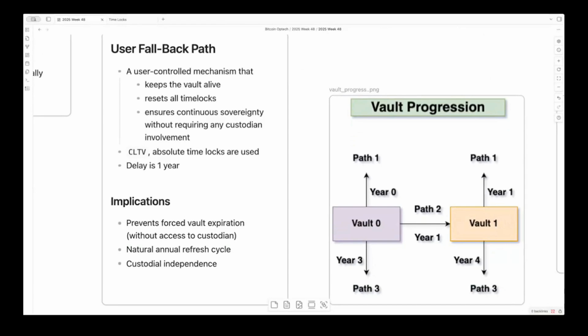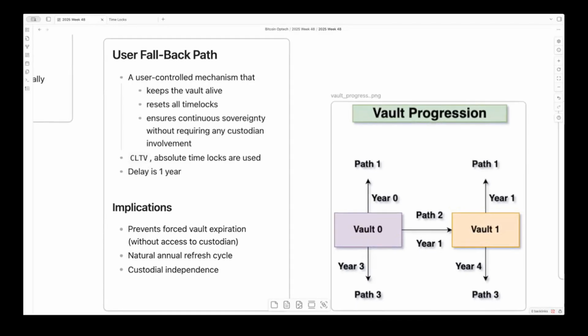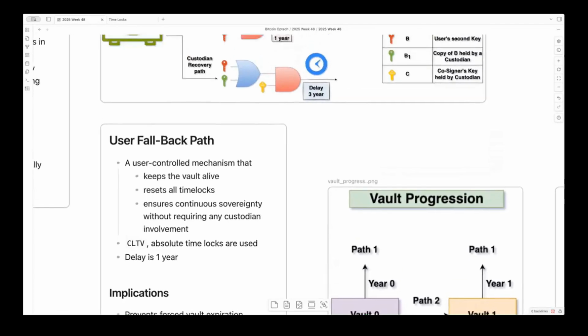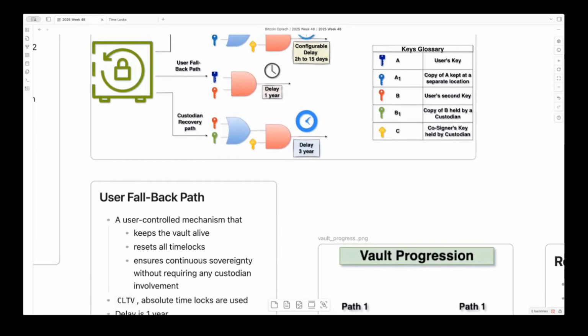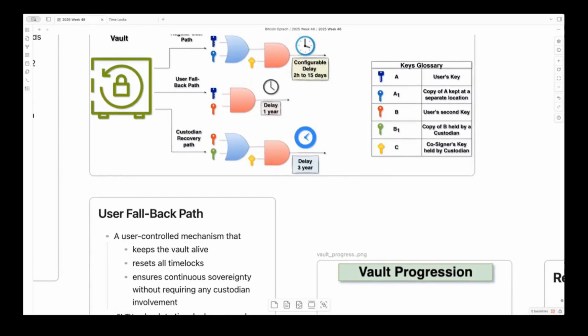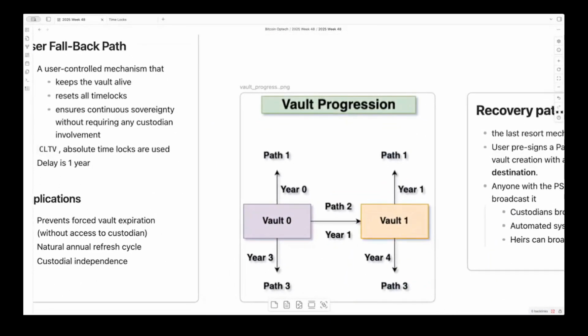The implication is that it gives you a natural refresh cycle and some independence from the custodian. Of course there is a delay involved. So you can be free of the custodian only after the first year, and after 1 year of expiration, you have to move these funds to a different vault.